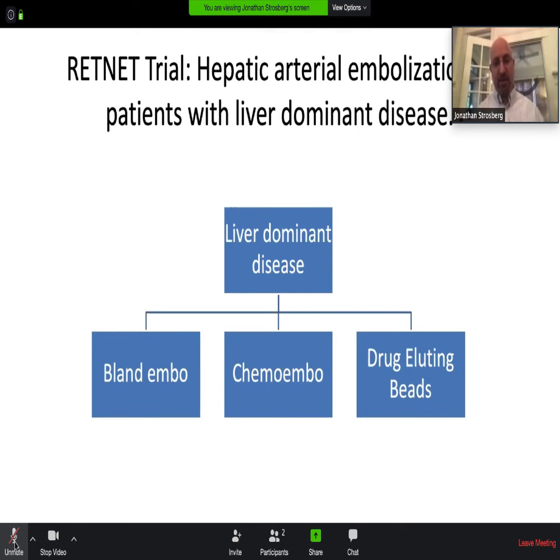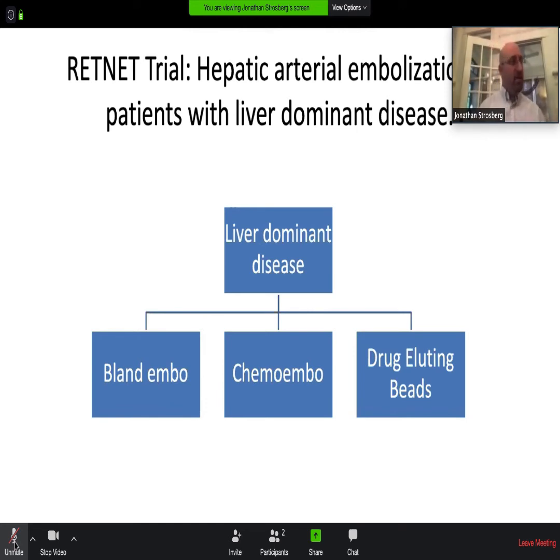Basically, what the technique is, an interventional radiologist threads a catheter through the groin, accesses the artery supplying the liver, and infuses microparticles to block the blood supply to tumors. Now, when it's just microparticles, it's called bland embolization. When it's combined with chemo, it's called chemoembolization. And there's also a third type called drug-eluting beads that are basically chemotherapy-impregnated beads that are delivered to the tumor.